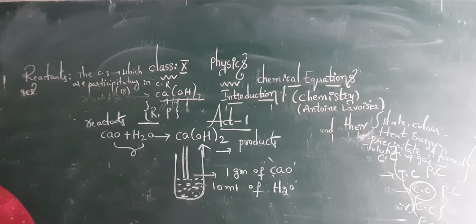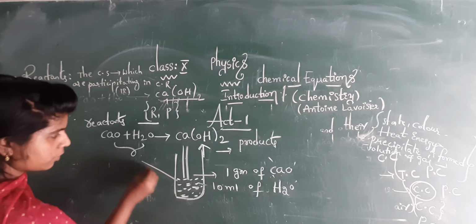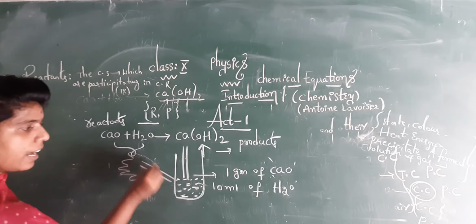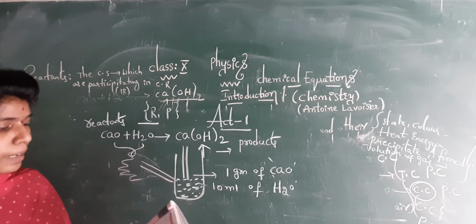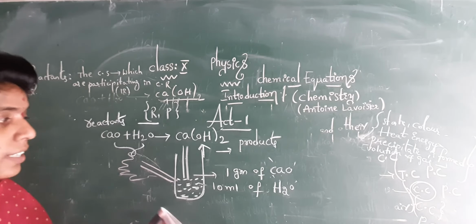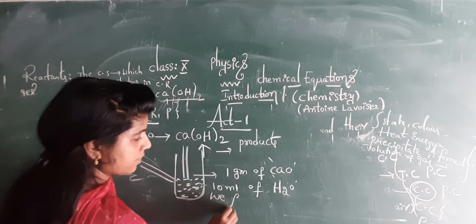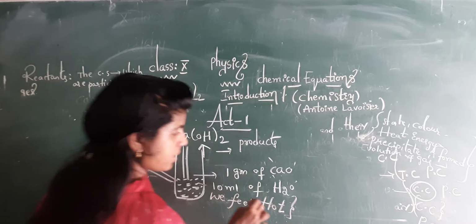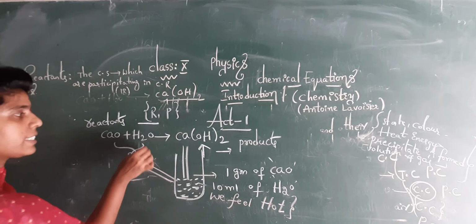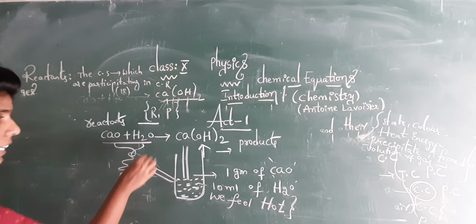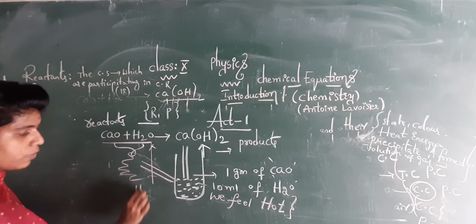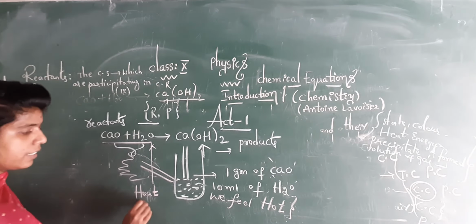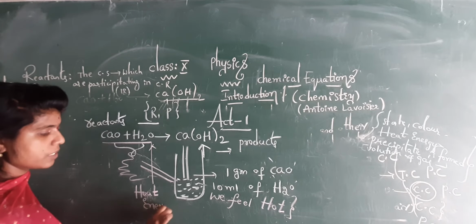After adding 10 ml of water to it, what do we have to do? Touch the beaker with your finger. What do you observe? We feel hot. Why? What is the reason? Because calcium oxide, when it reacts with water, it releases heat energy.